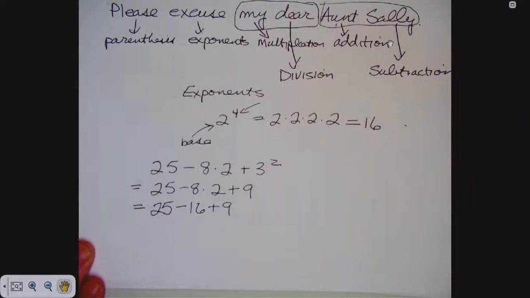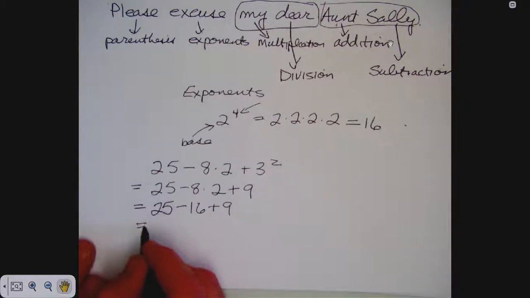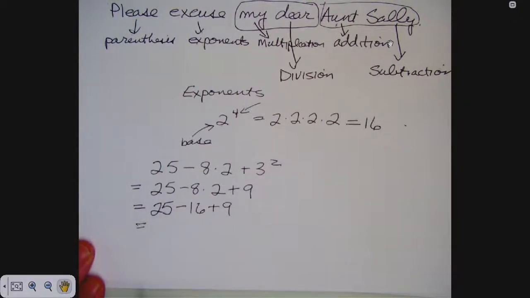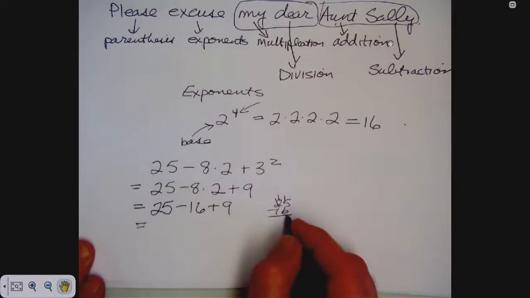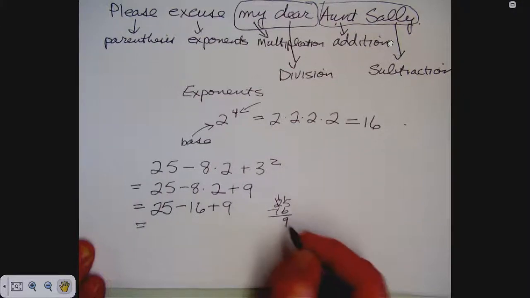Okay? And so now I'm back to PEMDAS. It's please excuse my dear Aunt Sally. I'm going to do addition and subtraction now. I have subtraction first, so that's what I'm going to do because they're of equal priority. And so I'm going to do 25 minus 16. I'm just going to go over here and go 25 minus 16. 1 there, carry that, 5 minus 1 is 4... and so that's just 9.